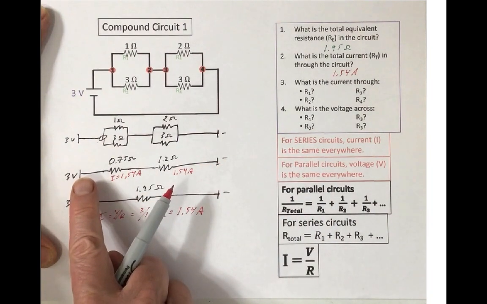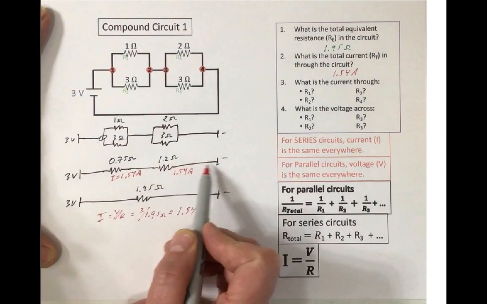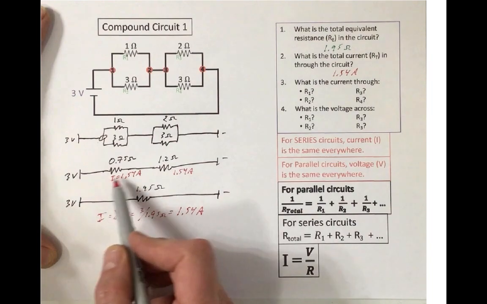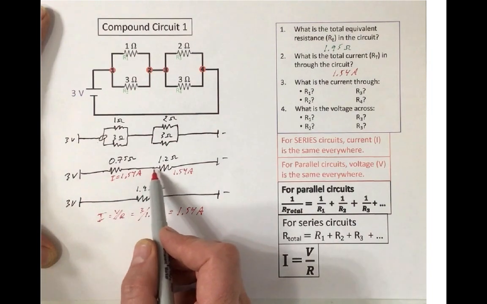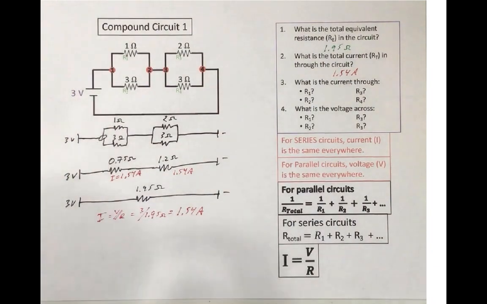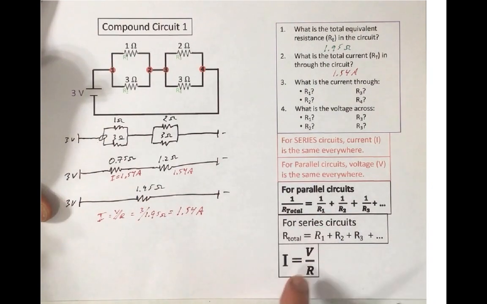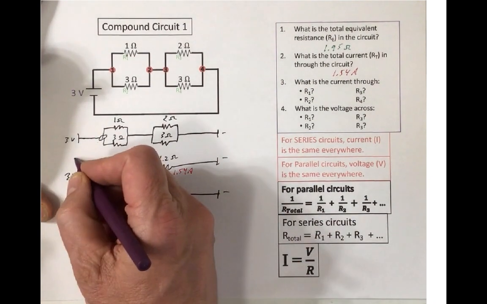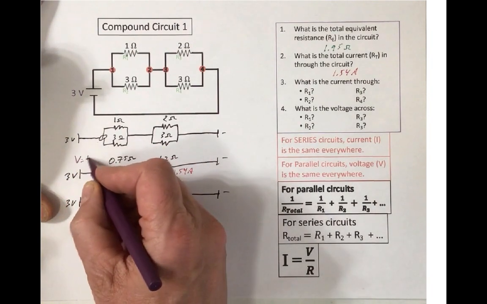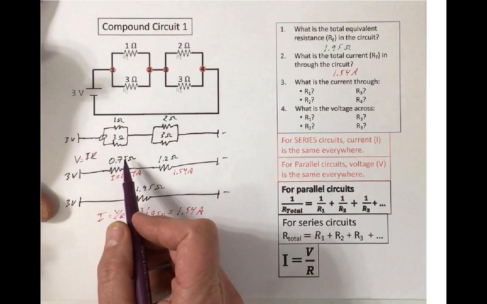Remember, the current is the actual flow of electricity, and in a series circuit, it has no choice. It has to flow through every resistor. So if it's 1.54 here, those same amps have to flow through this one. Okay, and now I have the resistance and the current. I can use Ohm's law, rearrange it for voltage, and I know that voltage is current times resistance when I rearrange that.